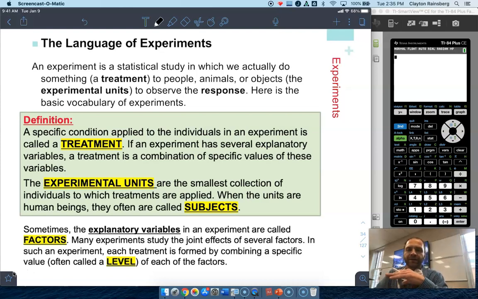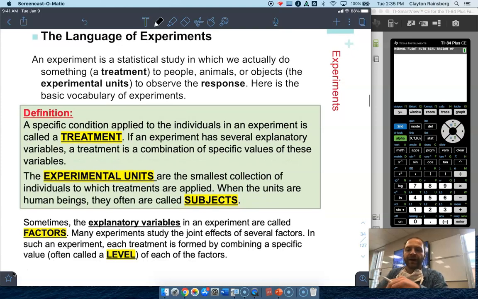Some of the other vocabulary for the language of experiments: the explanatory variables in an experiment are often called factors. Now, many experiments study the joint effects of several factors, so several explanatory variables.